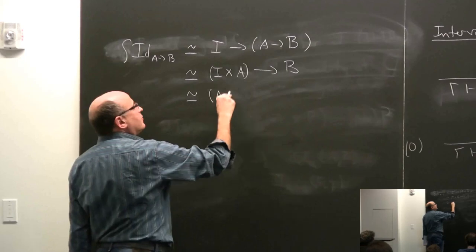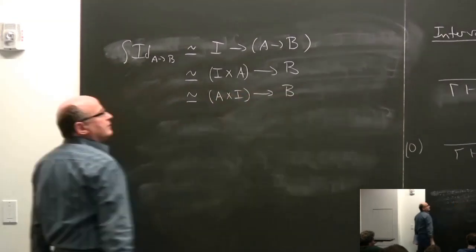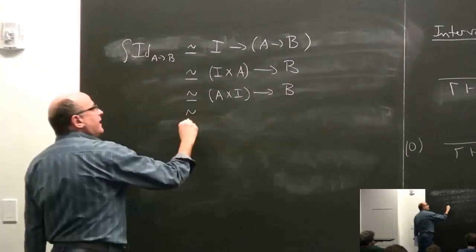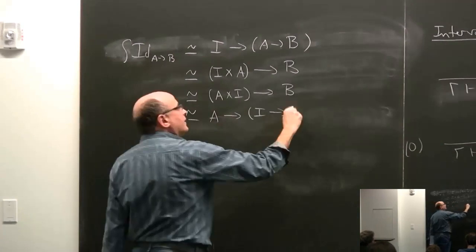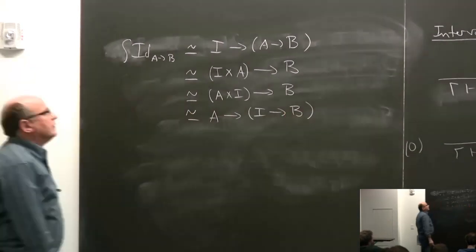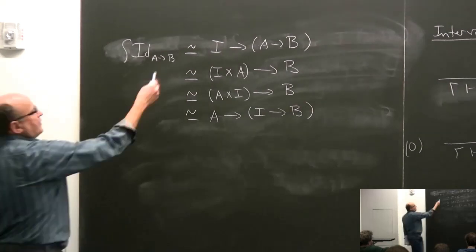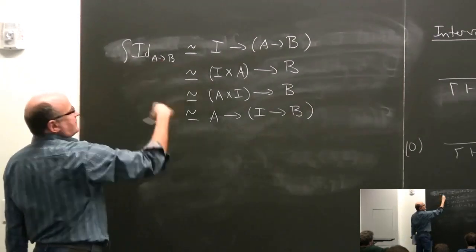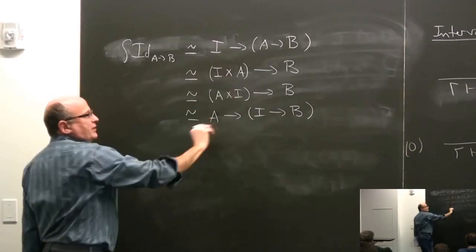So this is A cross I arrow B, and now I can curry that and I get A arrow I arrow B again. Which is a significant thing. In fact, the only reason I brought this up is because it has some bearing on something I'm going to say in a minute. But really, this is the relevant point.